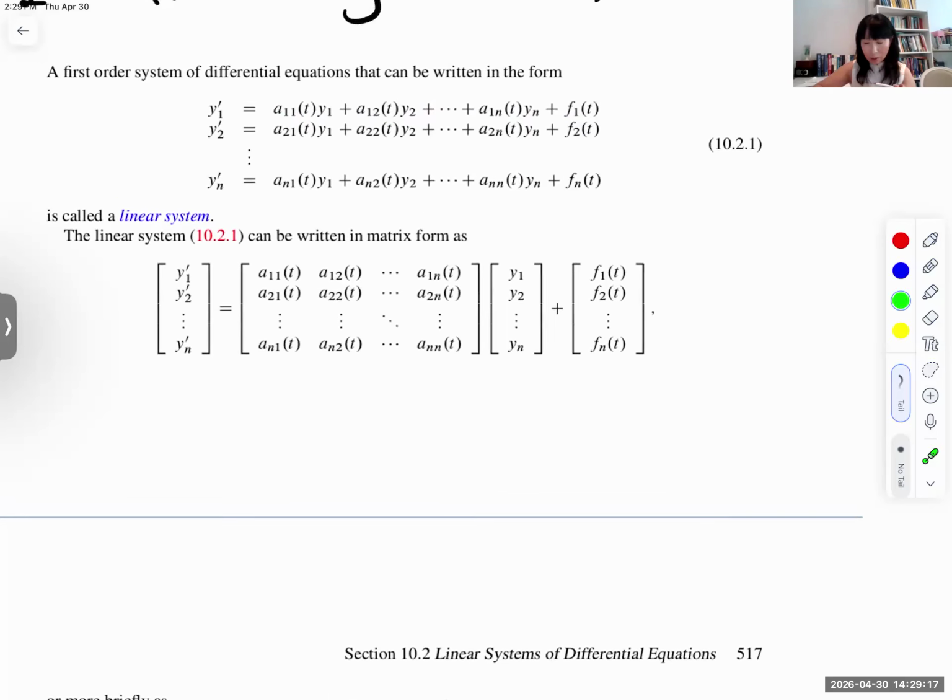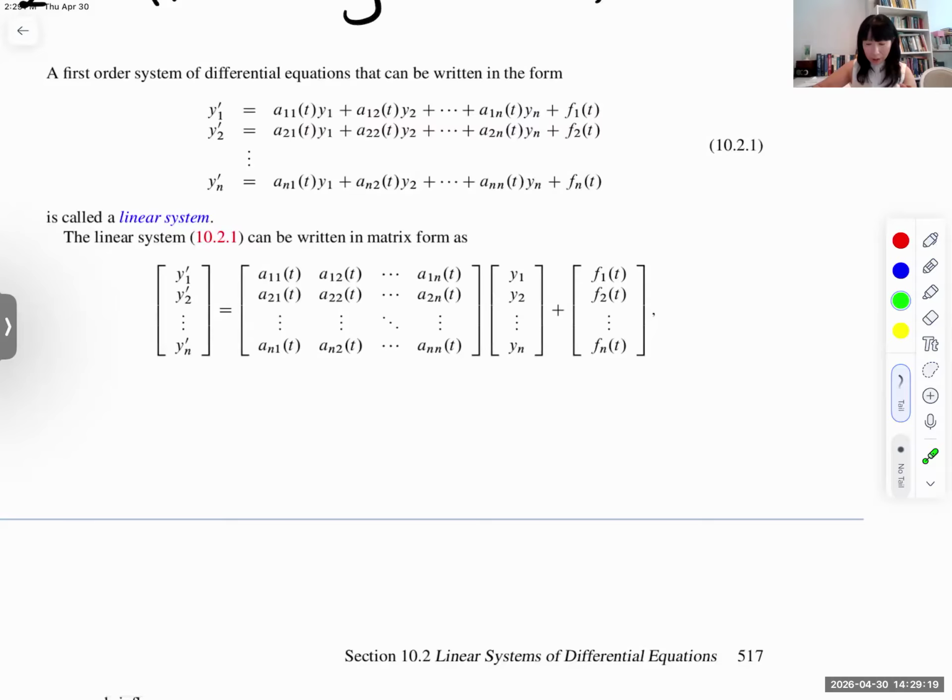Okay, now we've seen this one before, right? If we have just y sub 1 without the derivative, the prime, then that's just a linear system we learned in the linear algebra course, right? But then we have a prime, so it's a differential equation.